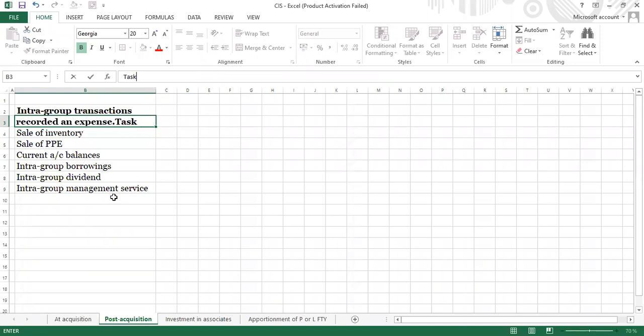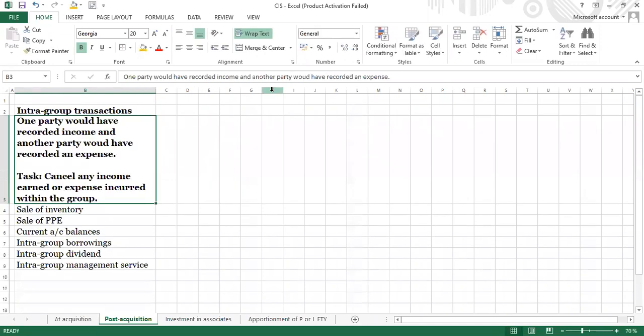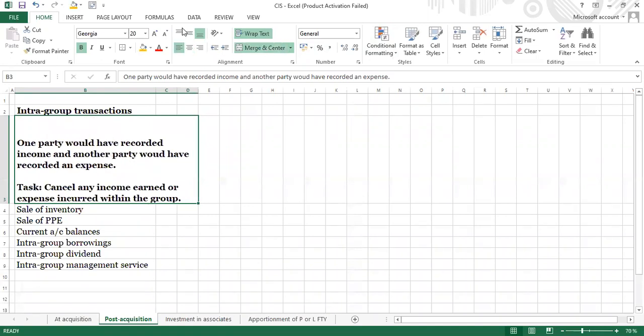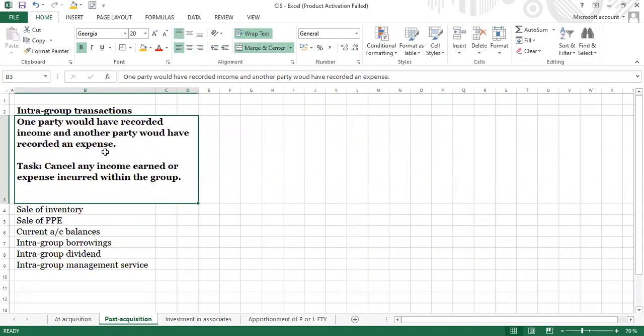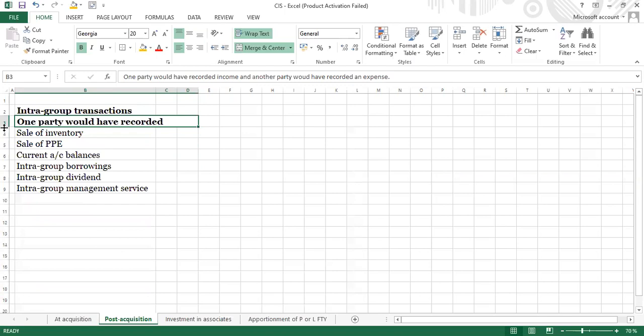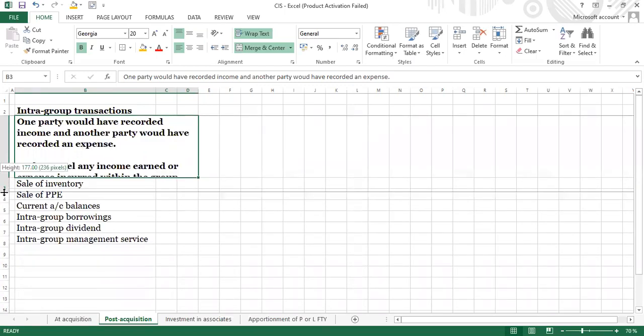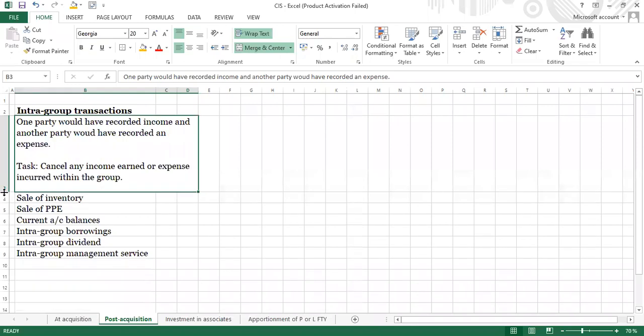Principle or task: cancel out any income earned or expense incurred within the group. That is the broad principle under the preparation of income statements. So this broad principle is then applied to each of these possible scenarios we have here.